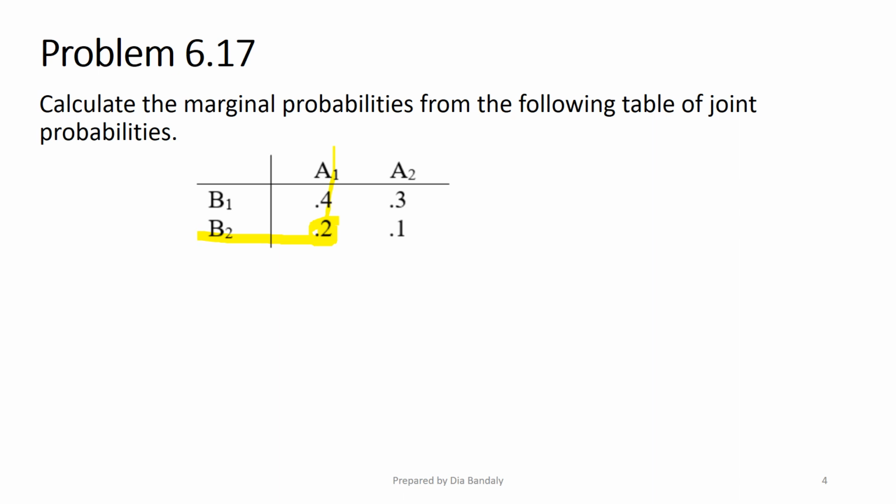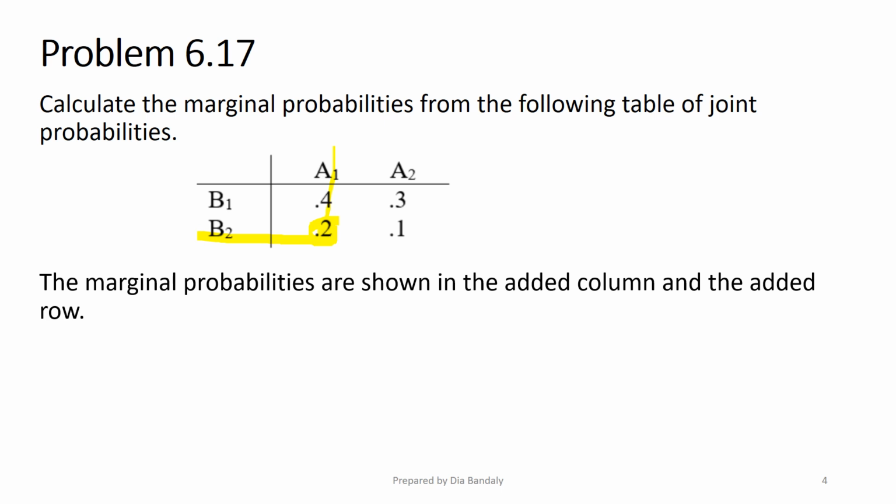So let's see what the question here. The question was, calculate the marginal probabilities. So you remember how do we calculate the marginal probabilities? If we are given the joint probability table, all we have to do is simply sum up the rows and sum up the columns, and this will give us the marginal probabilities. So here we go.